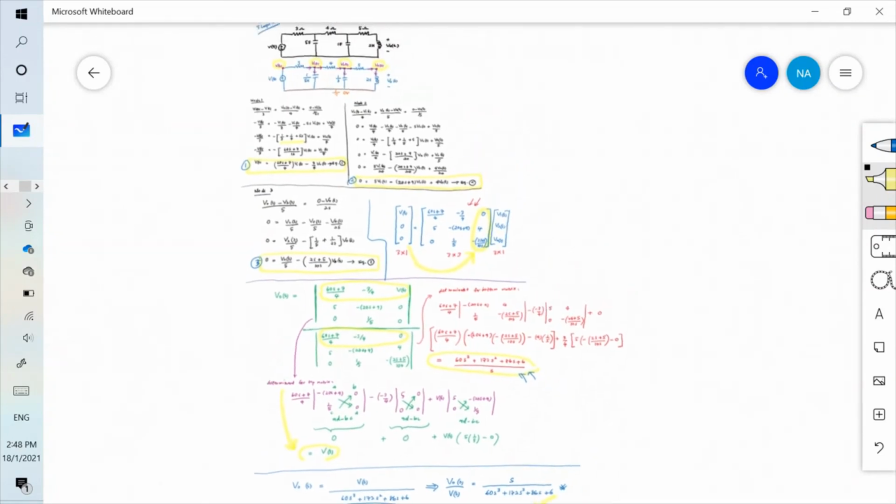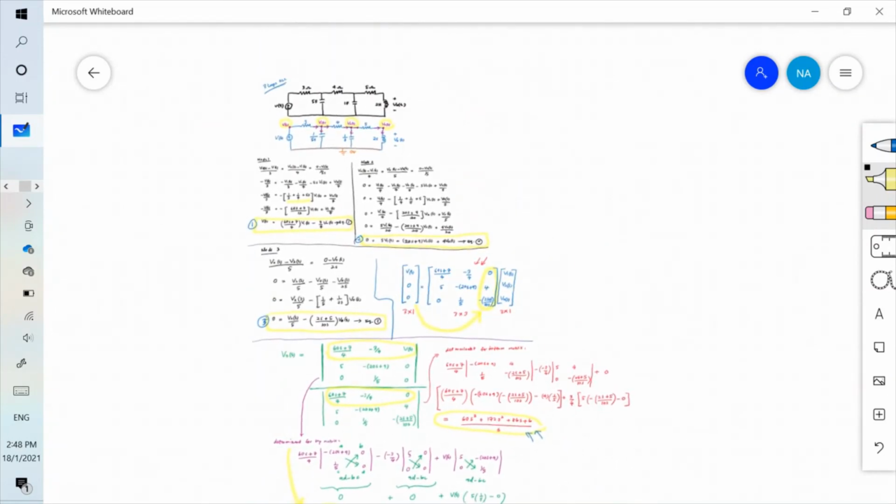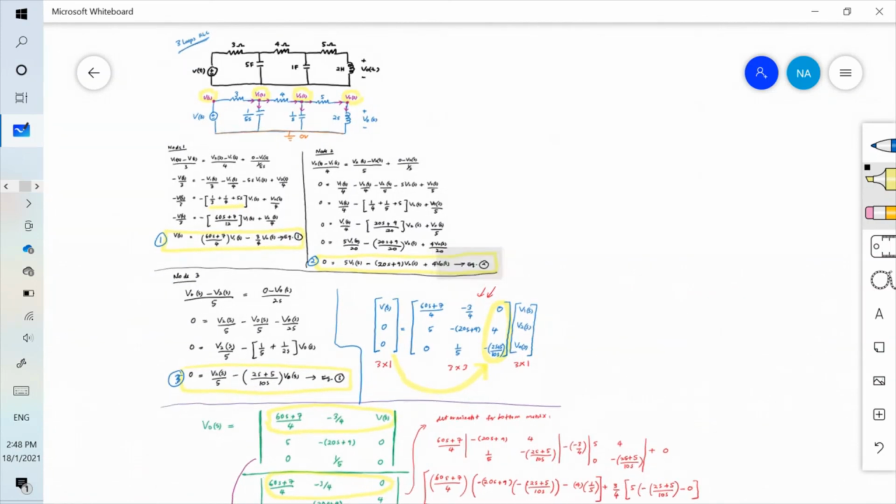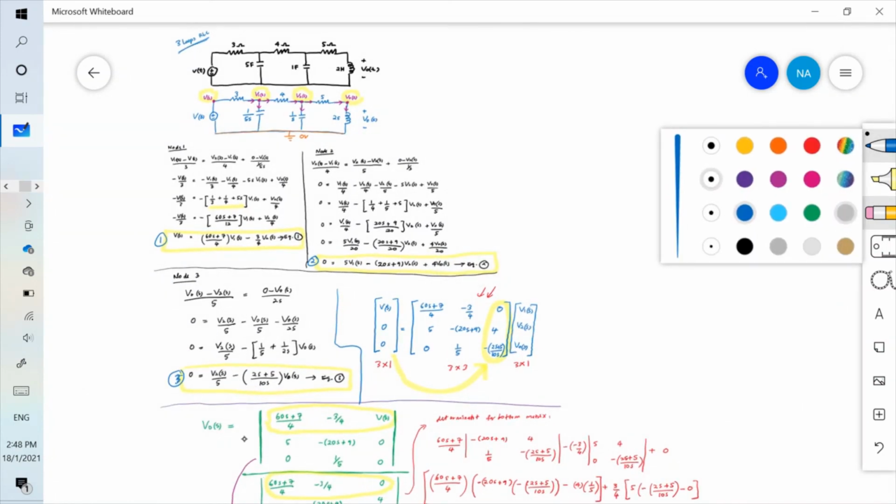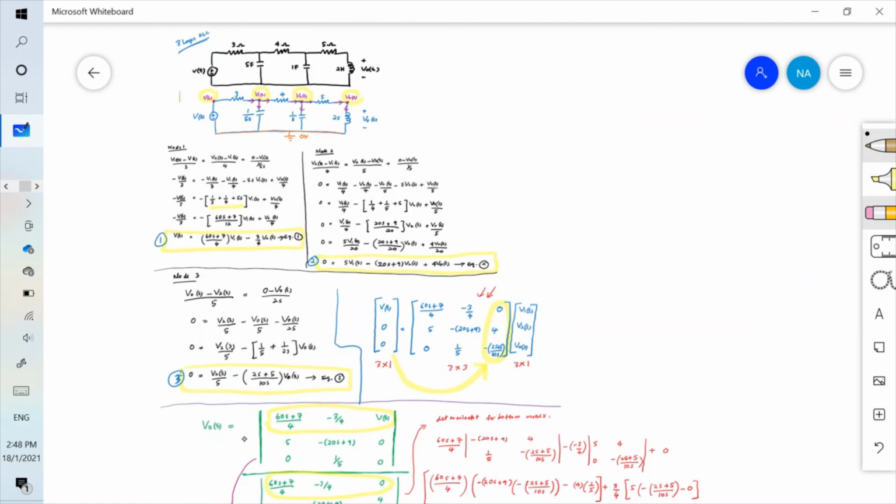So going from the top, I'm going to summarize the steps. First step, convert your circuit into an S-domain circuit. Second step, find the equation for each node. In this case, we have 3 nodes.